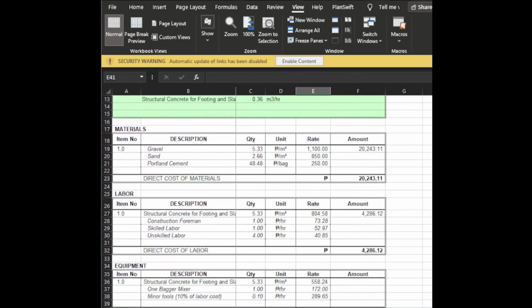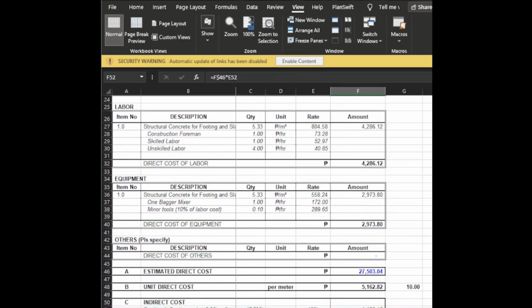So it is 558 per cubic meter. So multiply it by the quantity, 5.33, it is 2,973. So our estimated cost is 27,503.